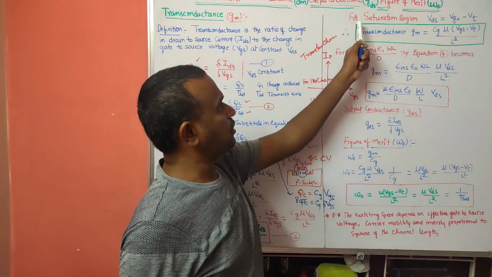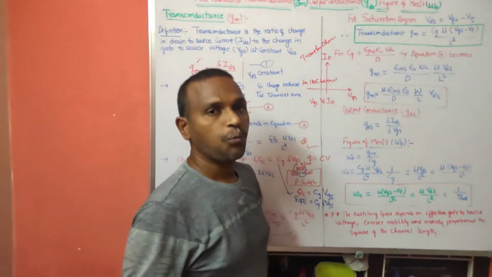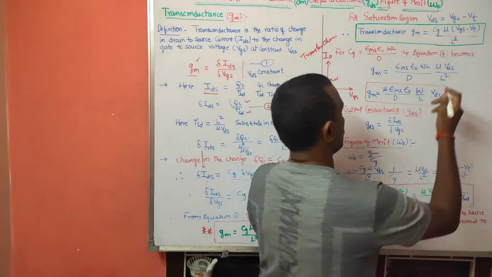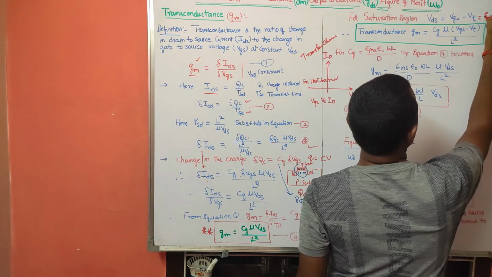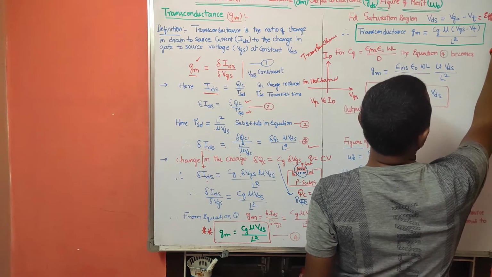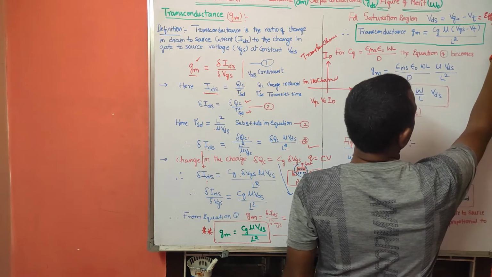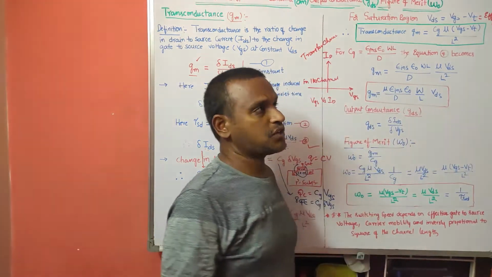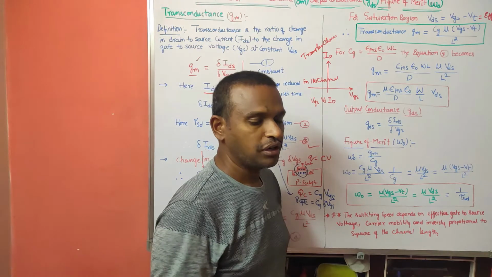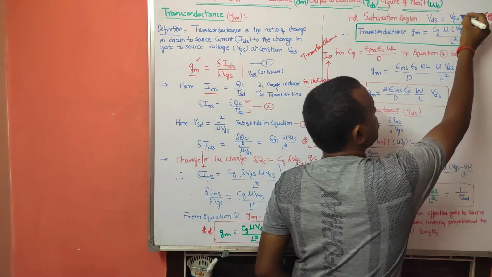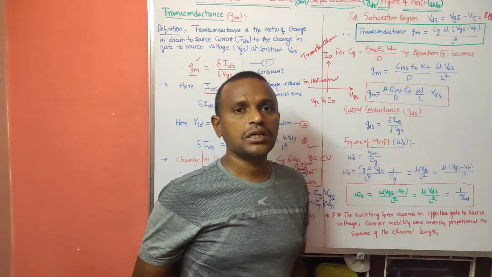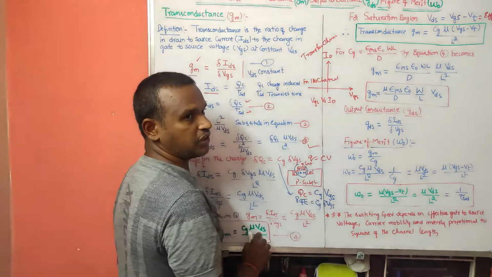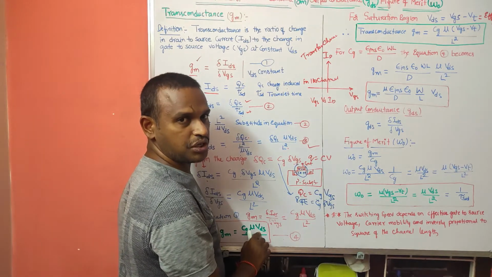So that's what I have here. For the saturation region, we know that VDS is equal to VGS minus VT, which is nothing but the effective gate voltage. Therefore, in place of VDS, I will substitute VGS minus VT for the saturation region.